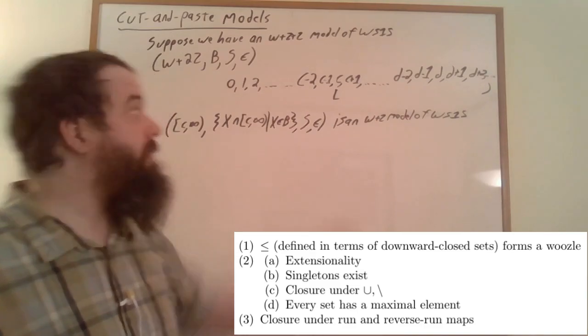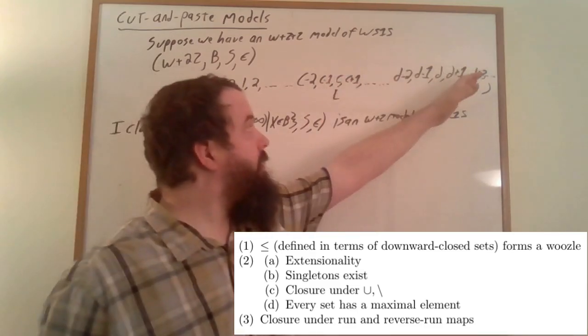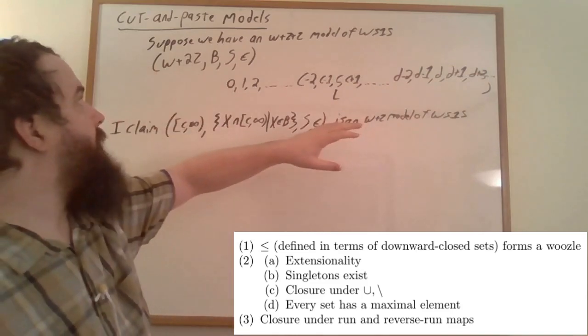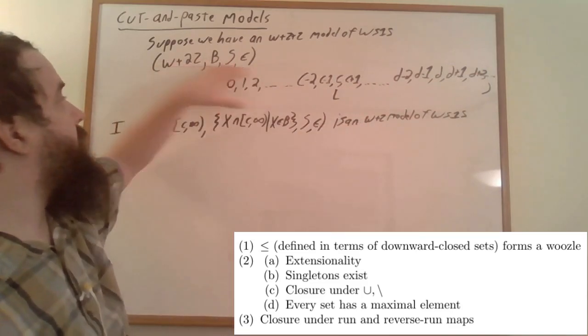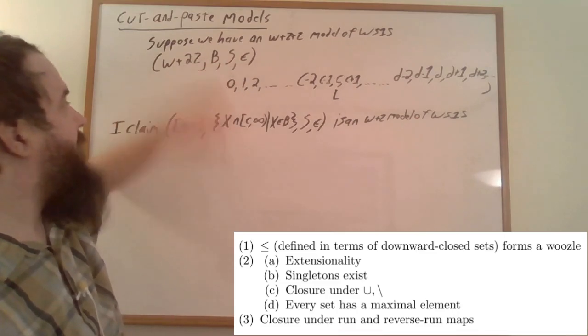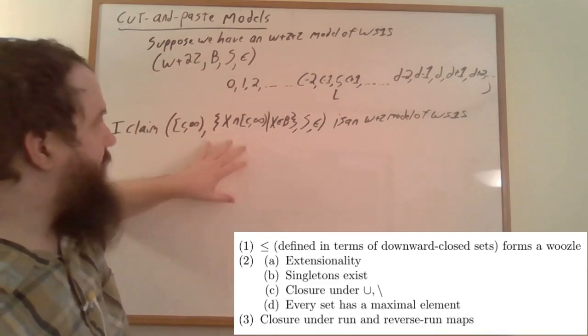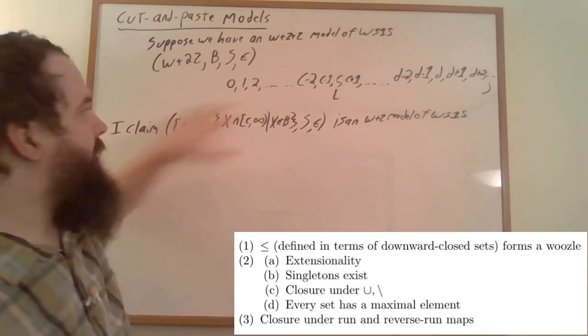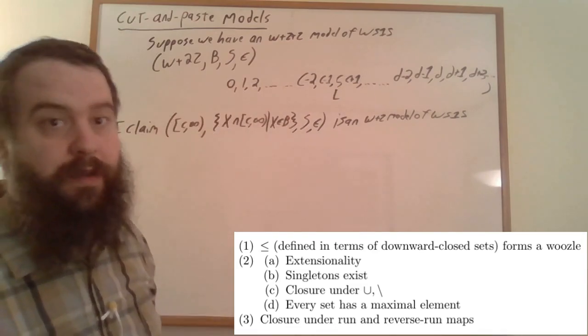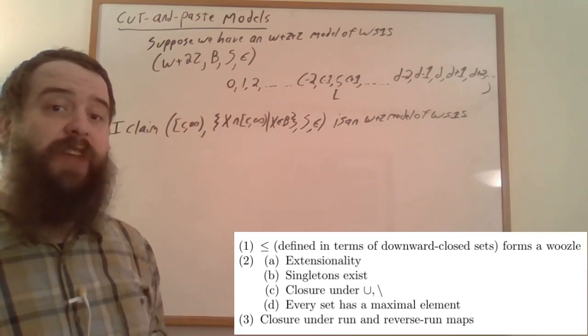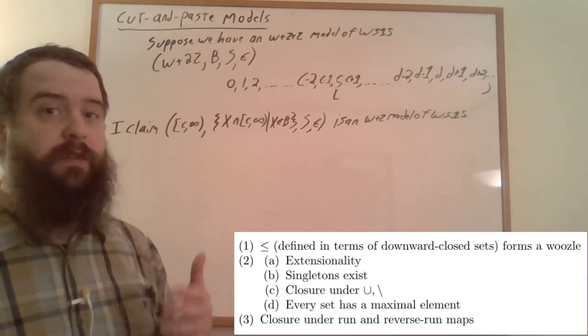Of course, we have singletons. If we have any element here, the singleton of that element is also going to be an element of the original model. So we take that set and intersect it with this interval, and we get the singleton that we want in this model here. It's also fairly easy to check that we're closed under union and closed under difference.